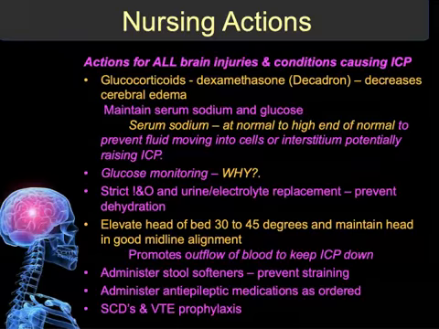Their head needs to stay midline so as we don't change any drainage processes to the venous system there. And certainly for patients who have these potential drainage system problems, having any kind of big central line placed in their neck would be contraindicated because of that potential inhibition of drainage.